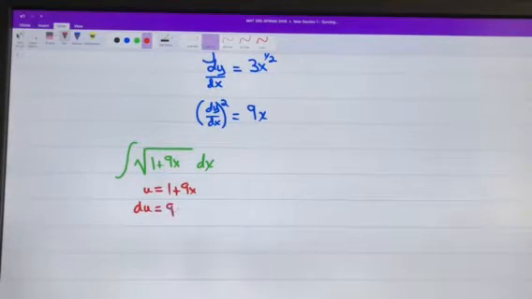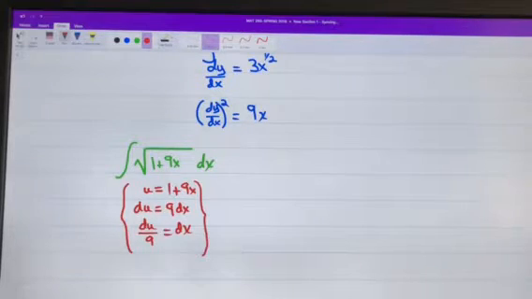So I can set u equal to not just 9x, but 1 plus 9x. Taking the differential of both sides, I have du is equal to 9 dx, and so I have 1/9 of du is equal to dx.